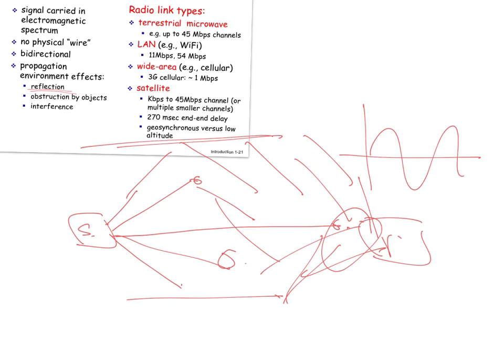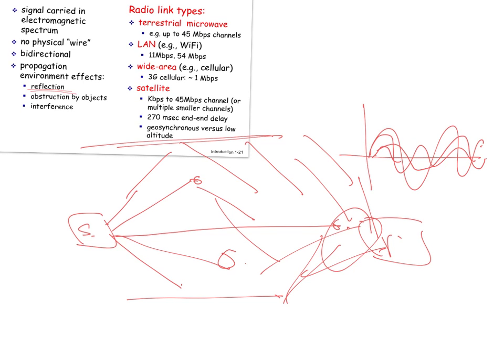So the signal is like this. The receiver will actually receive a signal that looks like this. Some of them are attenuated. Some of them are shifted in the time domain. Some of them are both shifted and attenuated. Okay. So you actually get a very composite signal.